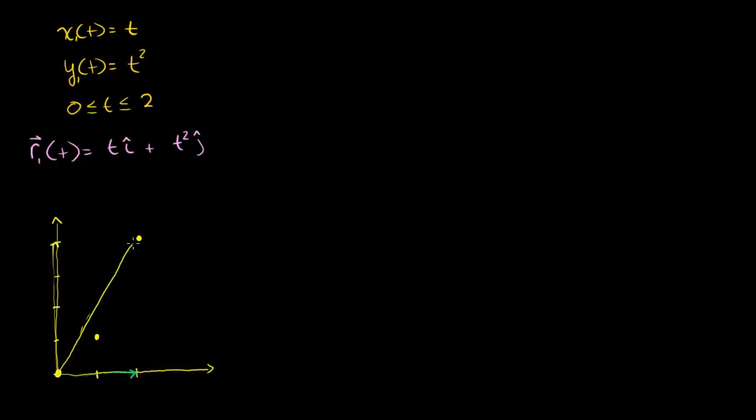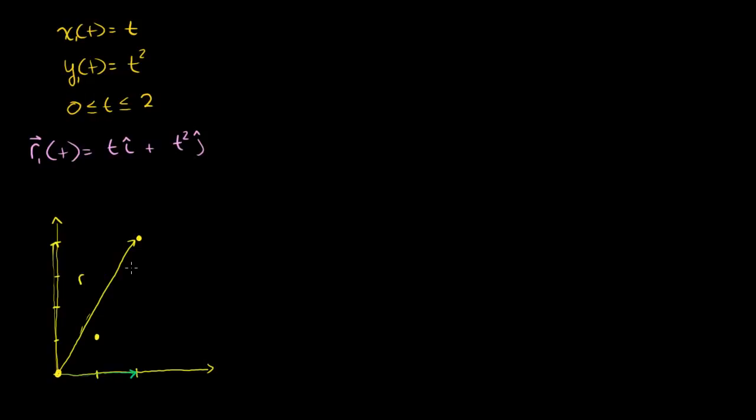So just to make it clear what we're doing, that's r1 of 2, right? This is r1 of 0, this is r1 of 1, but the bottom line is the path looks like this. It's a parabola. So the path will look like that. Now, that's in my first parameterization of it. Actually, let me draw it a little bit more carefully.